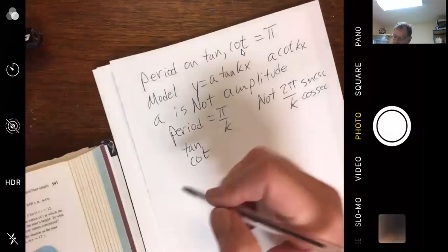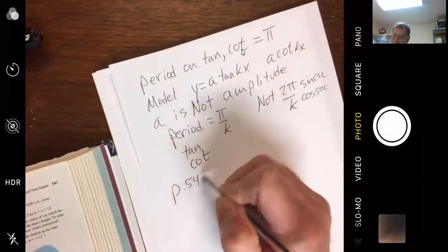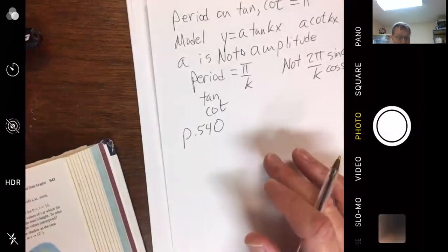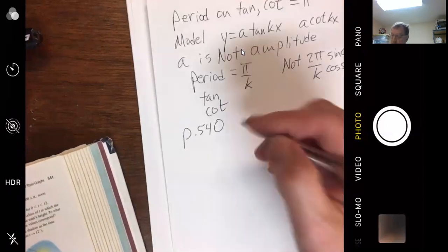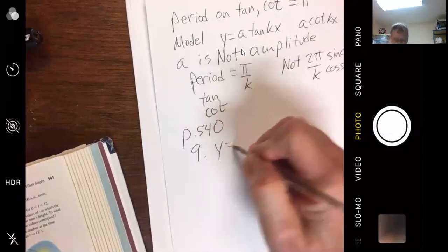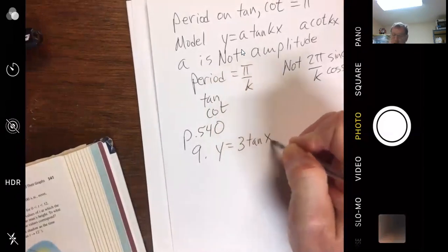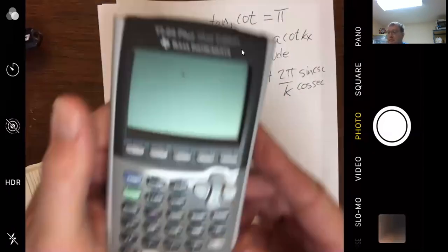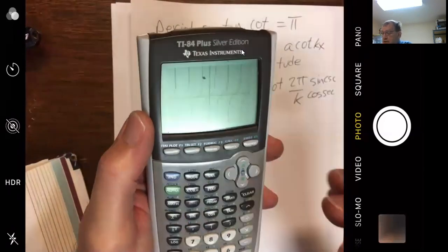Why don't we try an example here, page 540. Why don't we try just number 9, the first one. y equals 3 tan x. Once again, you don't draw a cotangent or anything.